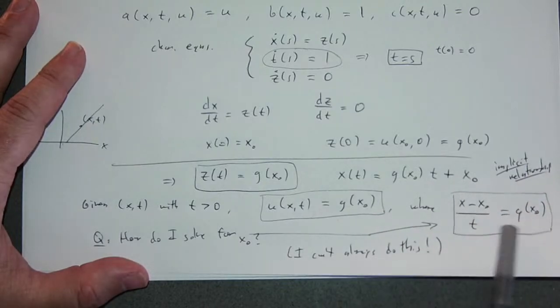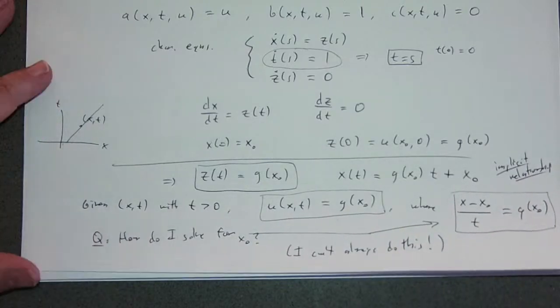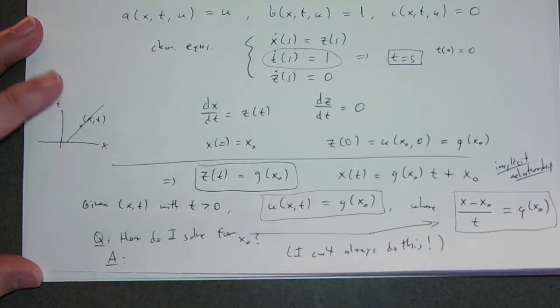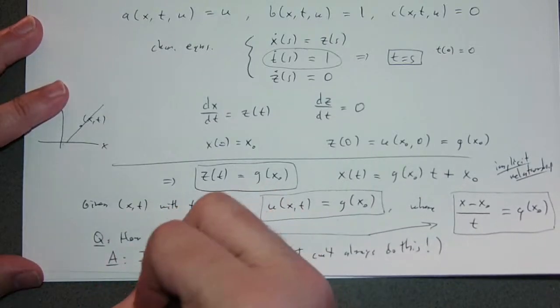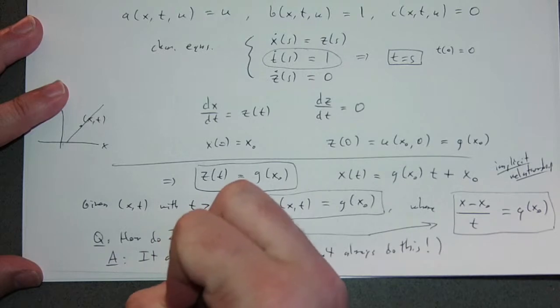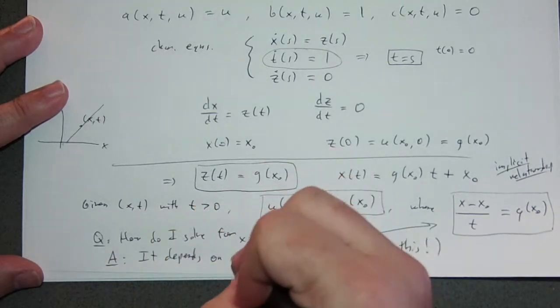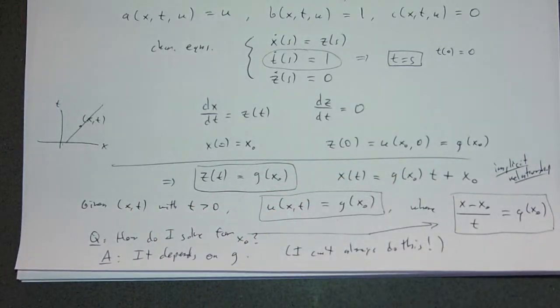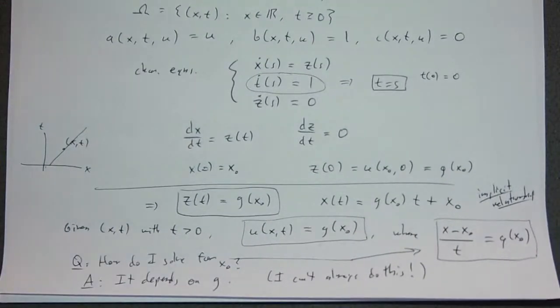What does solving this mean? The answer here is it depends on g. And here is how you see the dependence on a particular choice of g arising in this situation. Whether or not you can solve this for x naught depends on what kind of function g is, right?